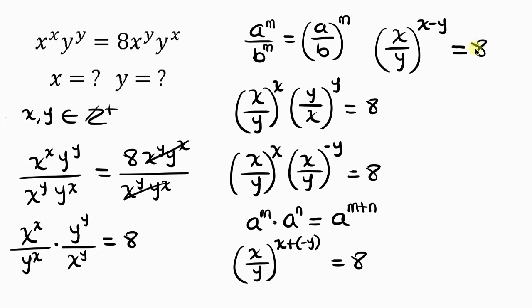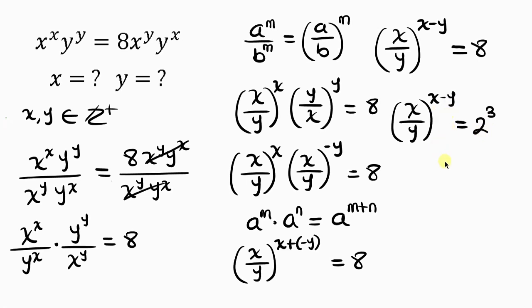Our next step will be for us to decompose 8 to base 2. So this becomes x over y, all raised to the x minus y, equal to, now 8 can be written as 2 to the 3. Very good. So from here, we can be able to compare. We compare the bases and we compare the exponents.